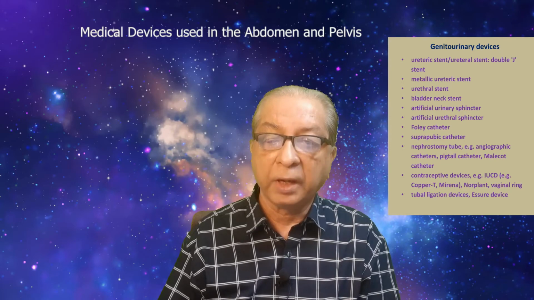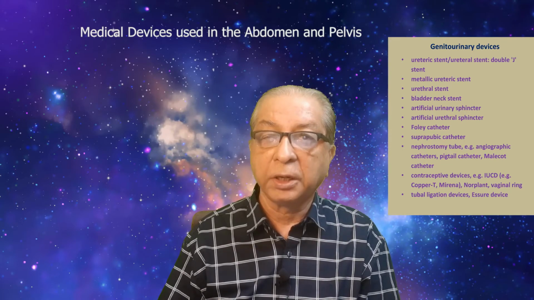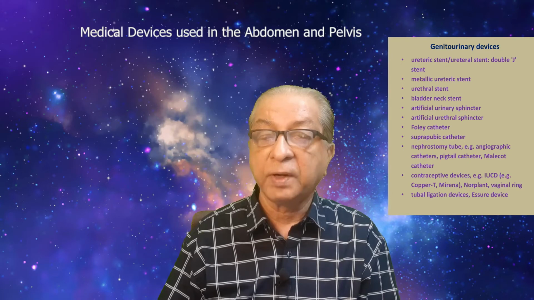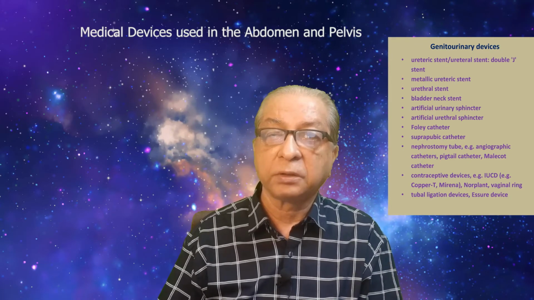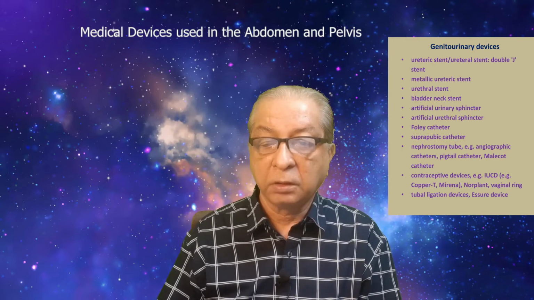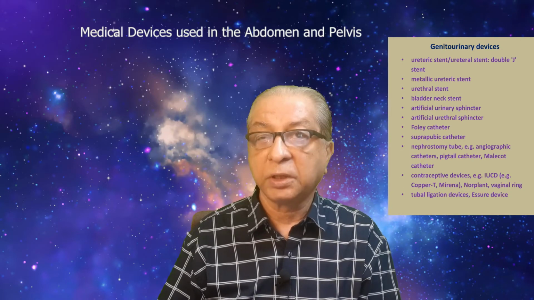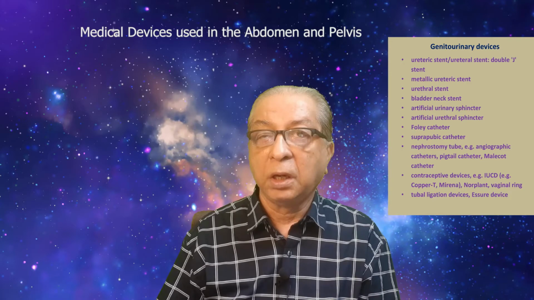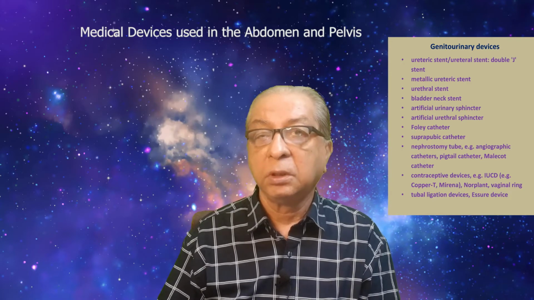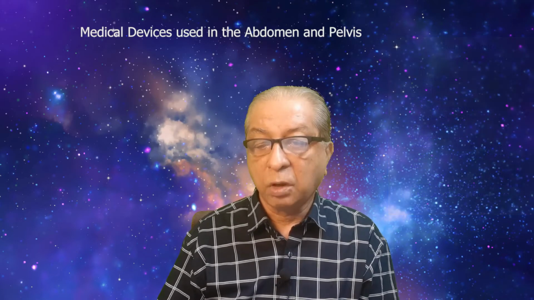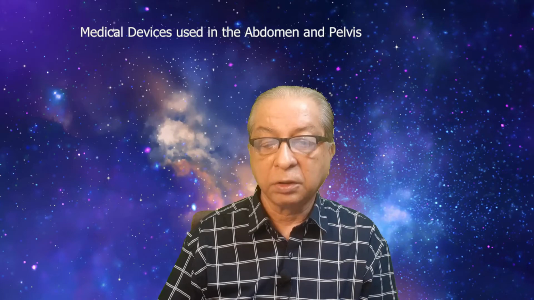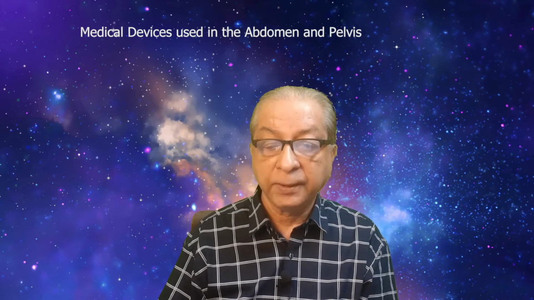Another thing is that contraception and vasectomy devices are there. Pessaries for different purposes are there. Then penile prostheses are there for an enlarged penis, and tandem and ovoid implants for gynecologic brachytherapy.